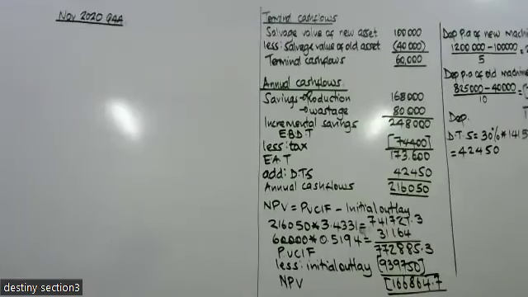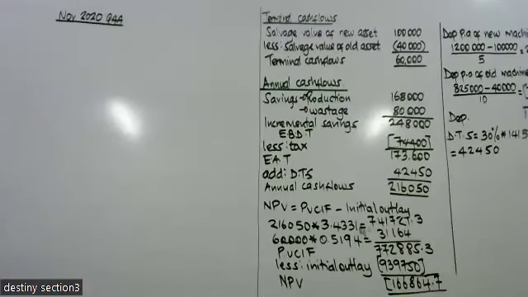The new machine shall require overhaul at the end of the third year, expected to cost Kenya shillings 100,000. The overhaul cost is to be amortized on the straight line basis over the remaining useful life of the machine.